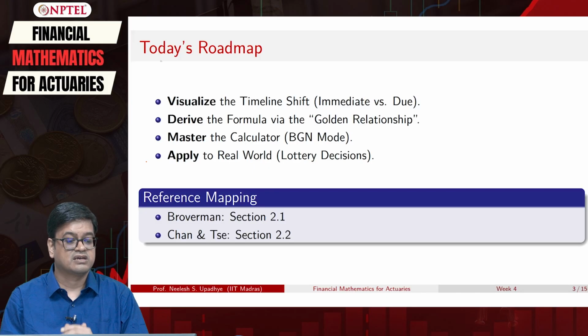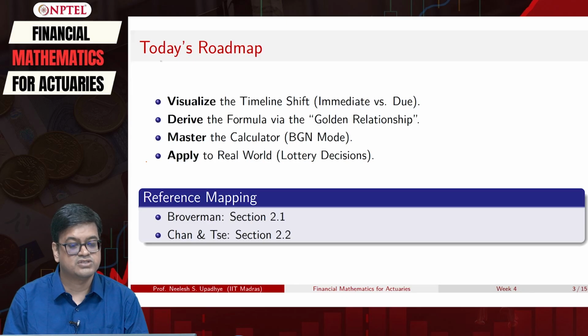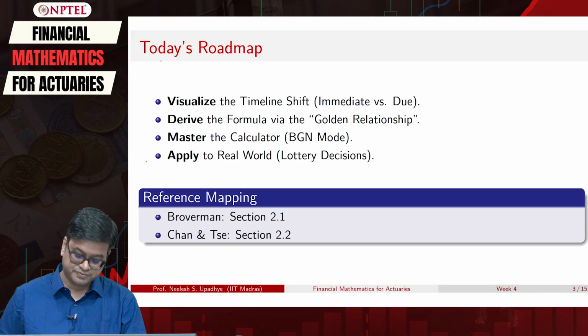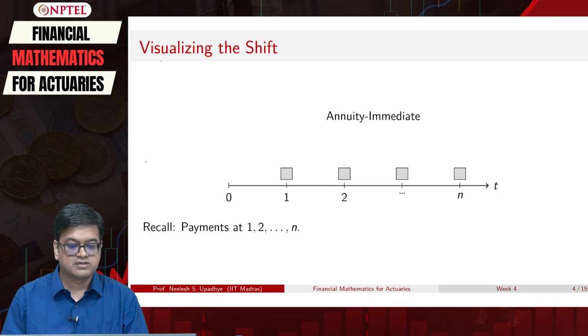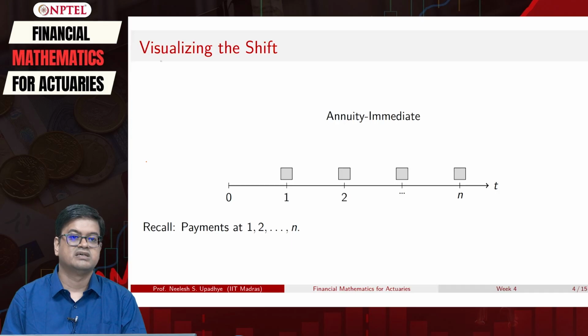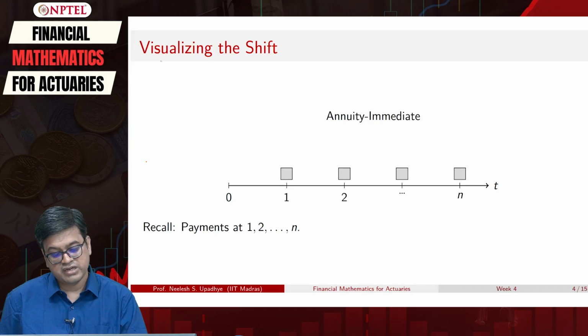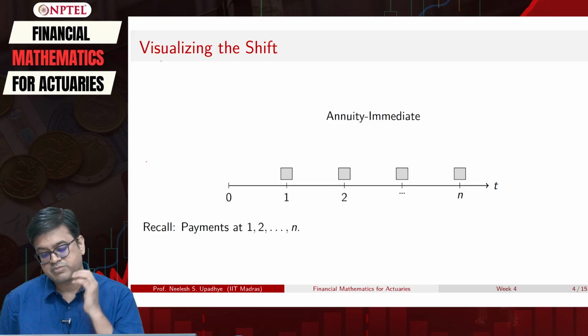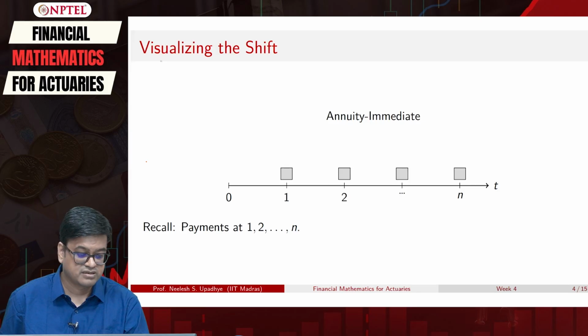So let us hit our first agenda, which is visualizing the time shift. Here is our annuity immediate. You are not paying at the beginning of the period, but immediately after the end of the period. So our time slots are here for payments, correct? You are essentially paying at 1, 2 and so on, and the last payment is at the nth stage.